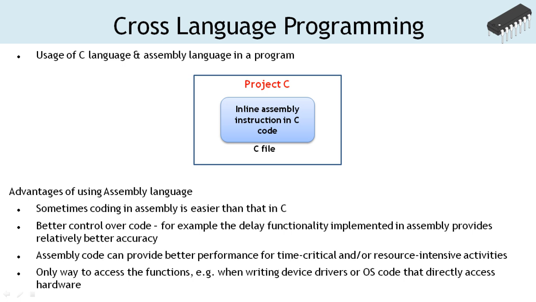For example, implementing sleep in assembly language is comparatively easier by use of the sleep instruction than in C. The delay function discussed in one of the lessons is implemented in assembly language. The usage of assembly provides better control to achieve a relatively accurate delay, as the CPU cycles consumed per instruction are well known to the programmer.